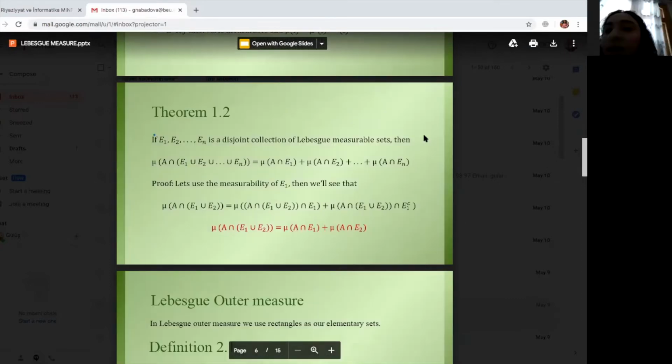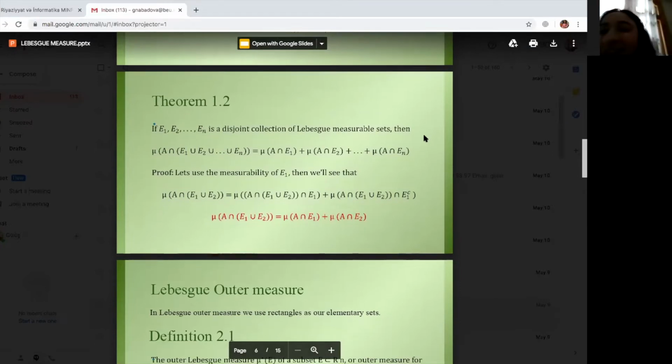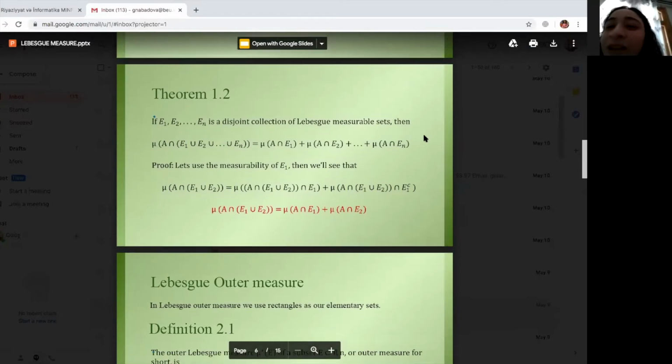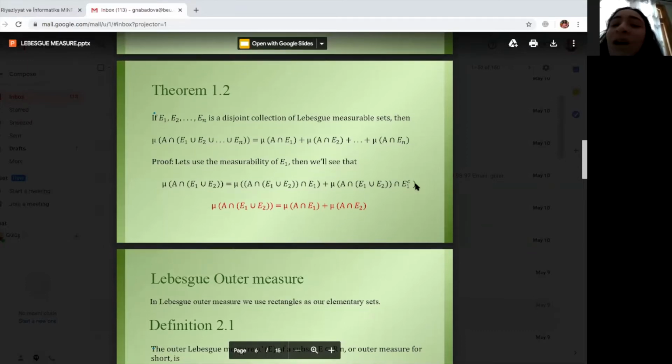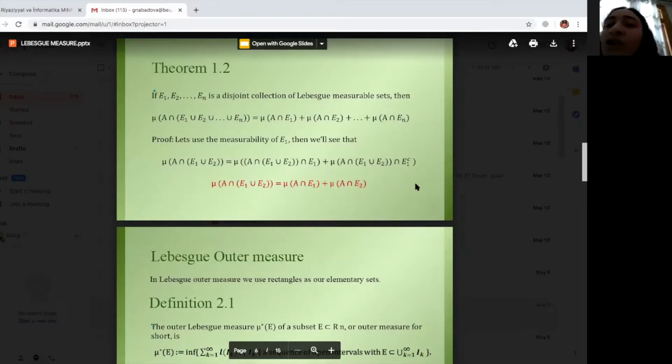And the theorem: if E1, E2, and so on is a disjoint collection of Lebesgue measurable sets, then for any set A, mu of A intersect the union of the E's equals mu of A intersect E1 plus mu of A intersect E2, and so on.